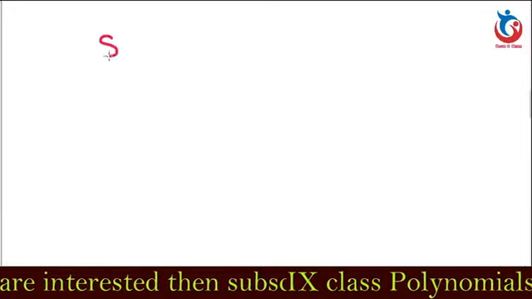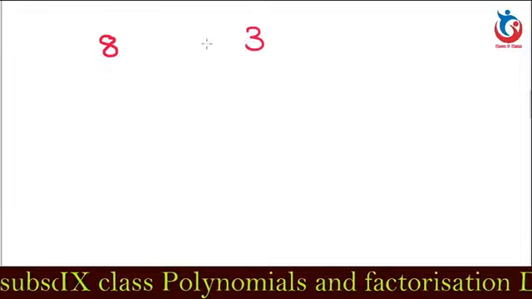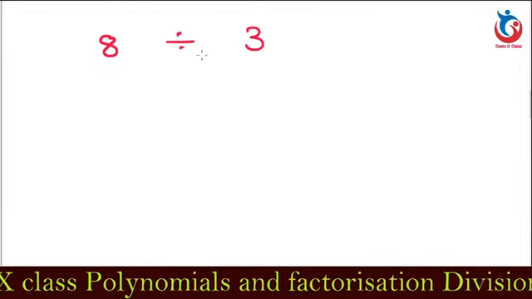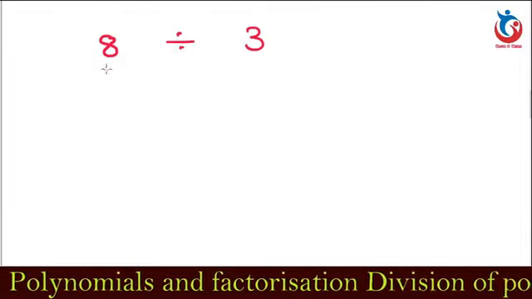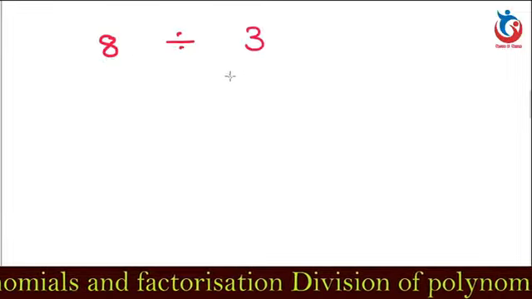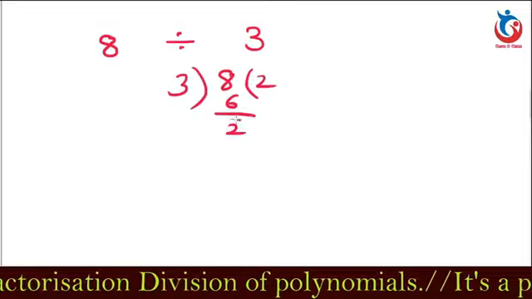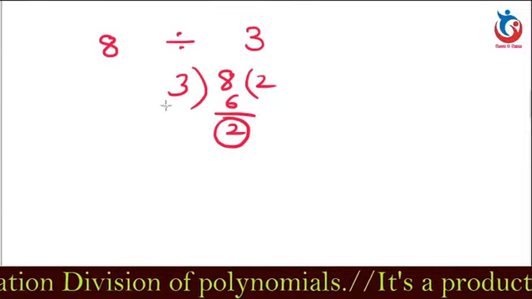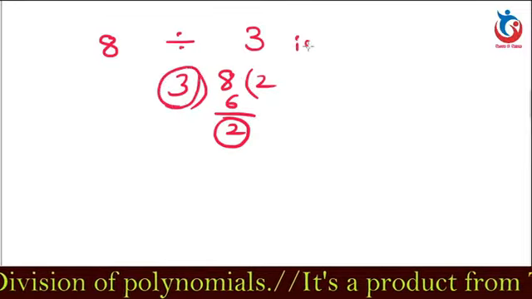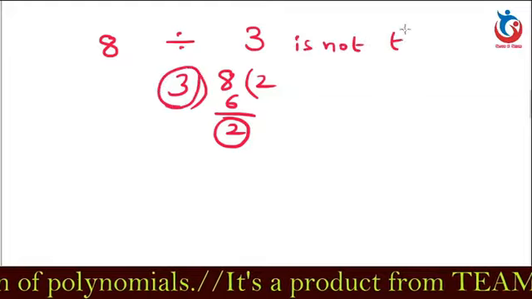You check whether 3 is a factor of 8 or not. That means we should divide 8 by 3. So what do we get? 3 twos are 6, remainder 2. So we can say that 3 is not a factor, right?